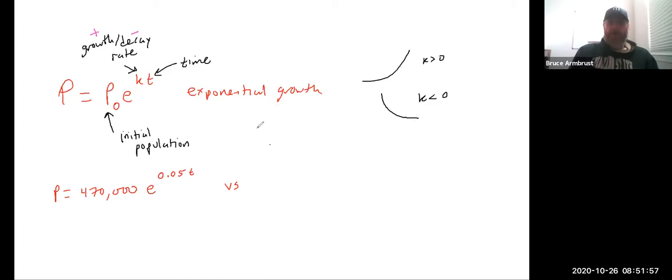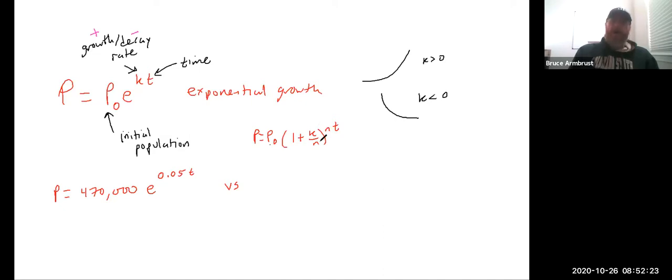That one looks like this, where we have P equals P naught times 1 plus k over n, raised to the nt. This is the same idea, where k is the growth rate, P naught is your initial population, t is time.